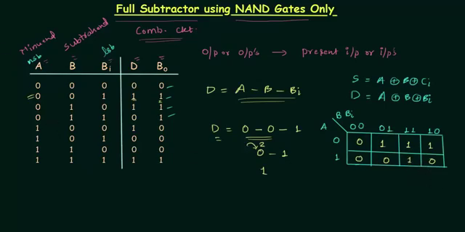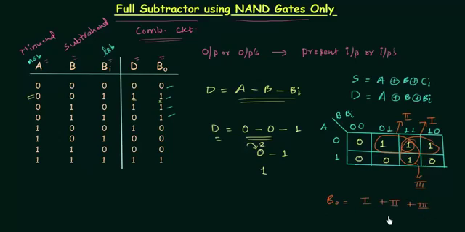Now we will make the pairs. This is the first pair, let's call it 1. This is the second pair, let's call it 2. And this is the third pair, let's call it 3. So BO is equal to 1 or 2 or 3.